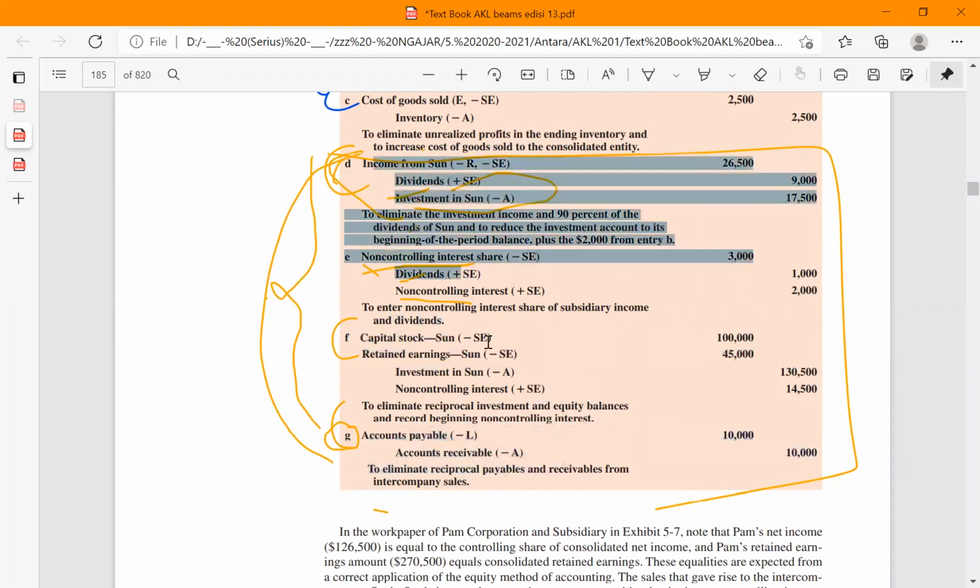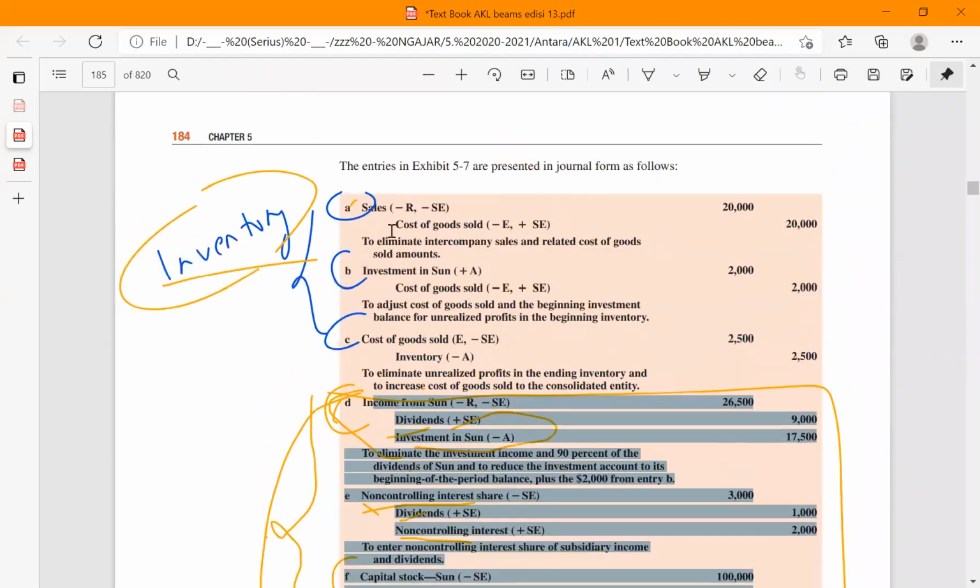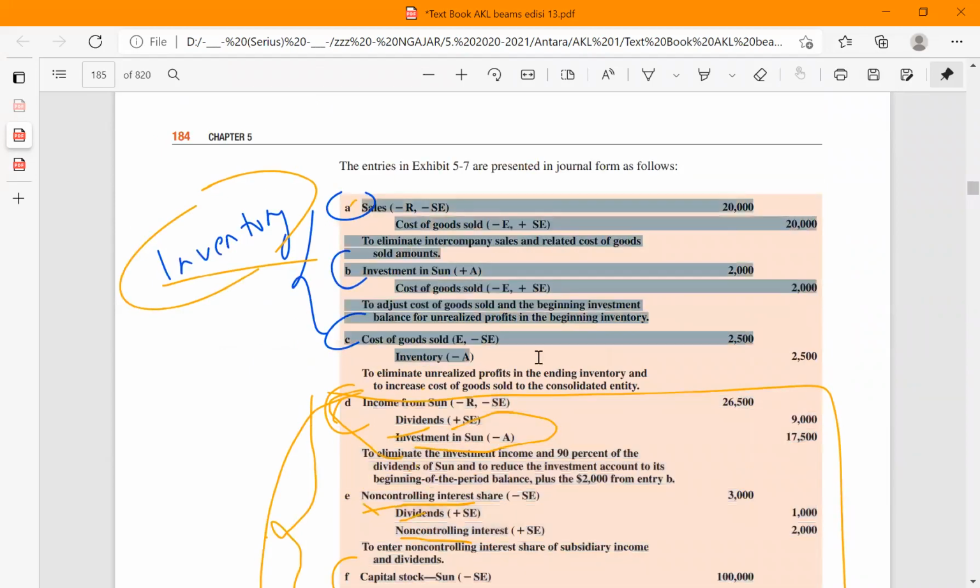So please keep in mind that the three journal entries that you've learned in chapter 4, you also have to eliminate, and then related to the inventory are these three journal entries. Understand? So the next issue is how to compute the investment in S, the income from S, and so on.